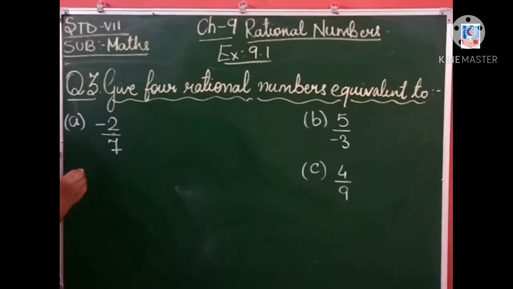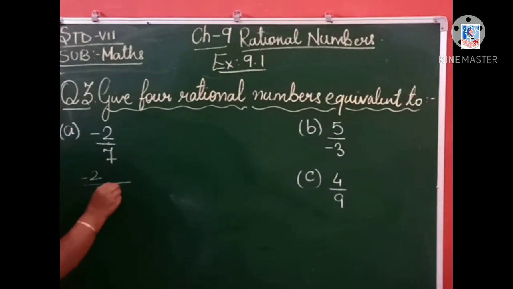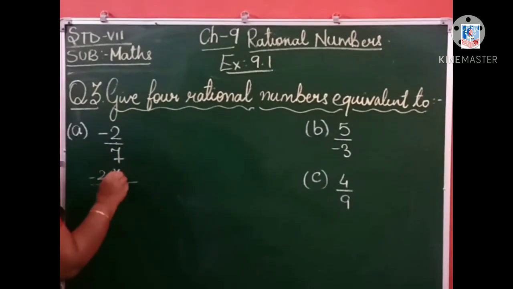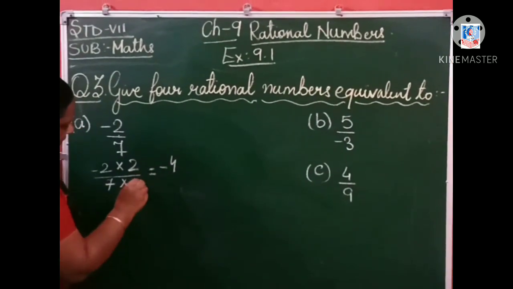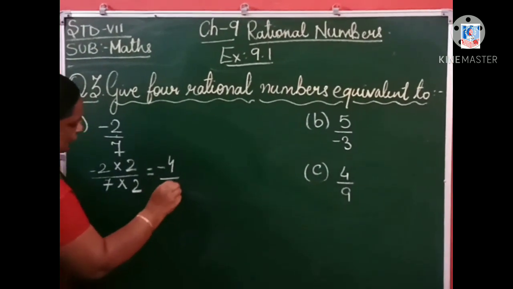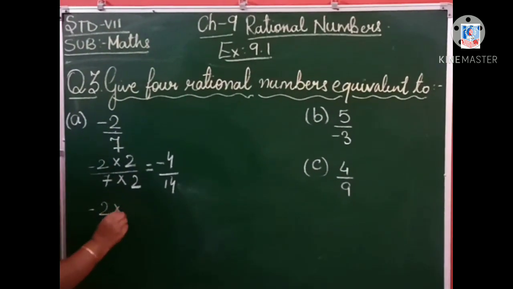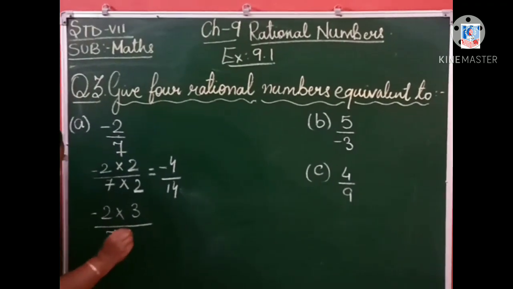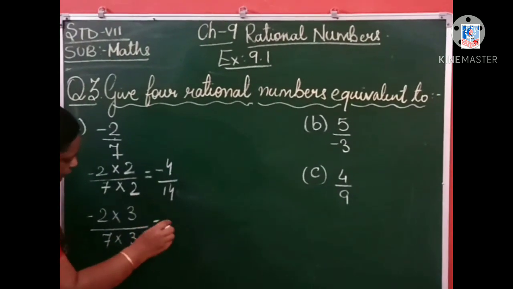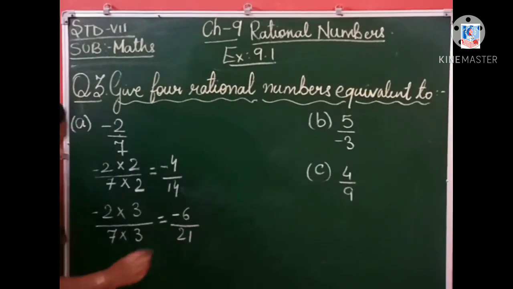So first, minus 2 by 7 into 2 is equal to minus 4 by 14. Next, minus 2 into 3 divided by 7 into 3 is equal to minus 6 by 21.